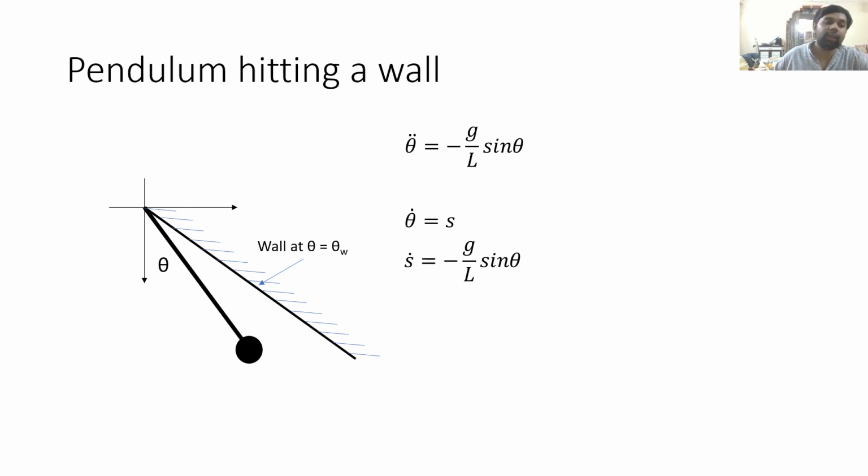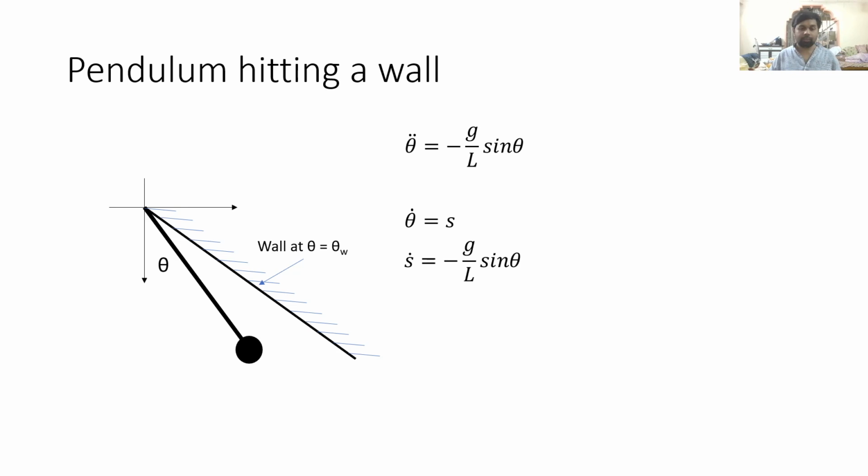Let us say the coefficient of restitution is 0.8 or something, so then it loses, let us say, 20% of the momentum.